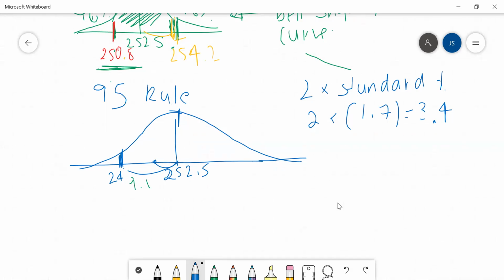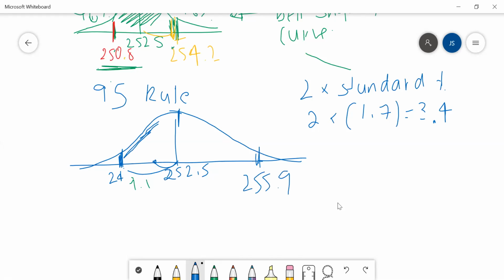Okay. And now we add the value of 3.4 to the mean, and that gives me 255.9.